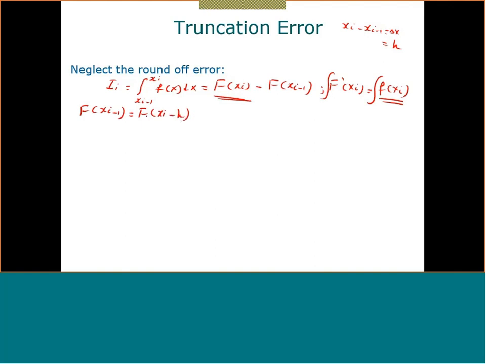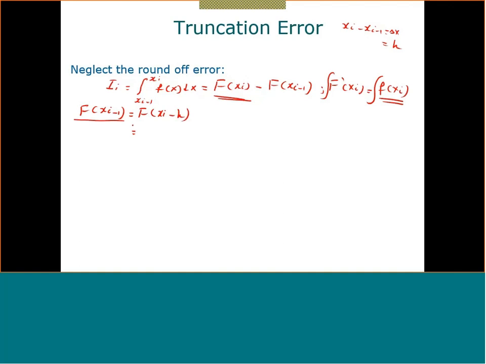So this is the function defined at x_i minus h, or x_i minus delta. And from the Taylor expansion, we derived this before. If I have a function defined at a certain point, then I can find the function defined at plus delta x or minus delta x.